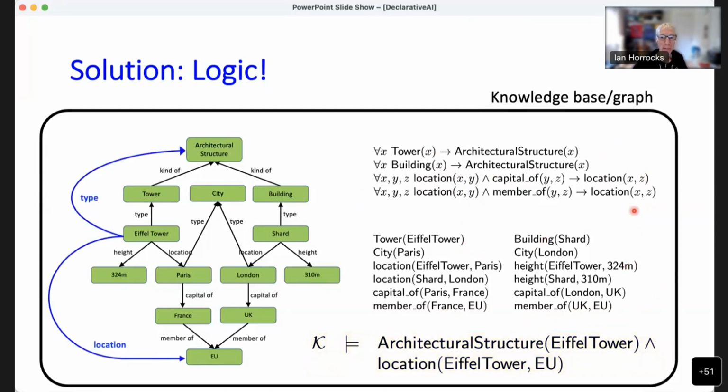Equivalently, we could think of this as the fact that my axioms here entail some additional edges, they entail this type of edge, and they entail this location of edge in my graph.